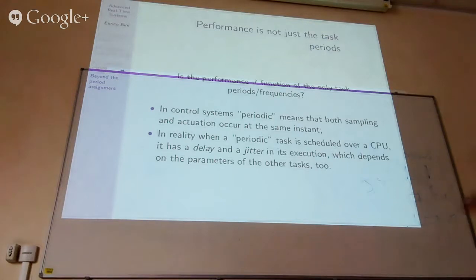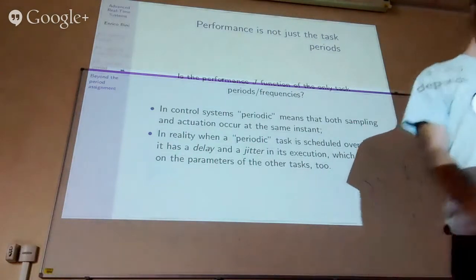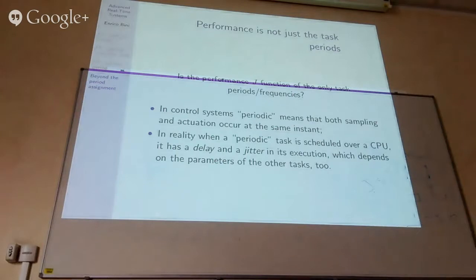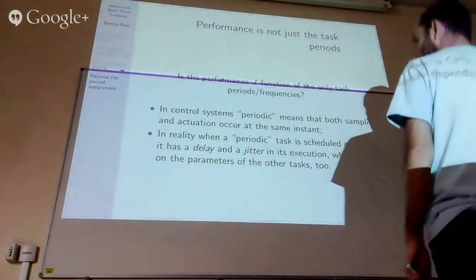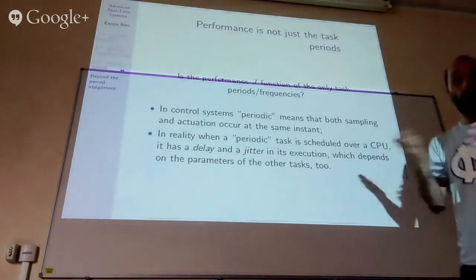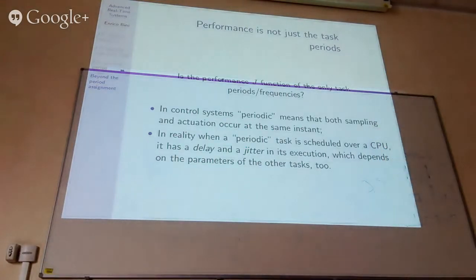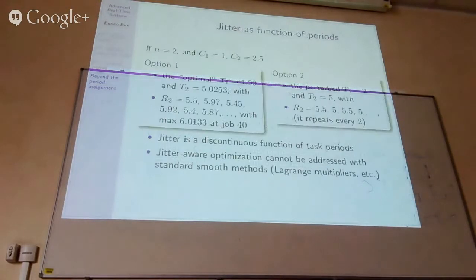So the reality is different from the assumptions behind the computation of this function. So in reality, a task scheduled over a CPU, a shared execution platform, has a delay jitter, which depends, of course, on the task parameters.